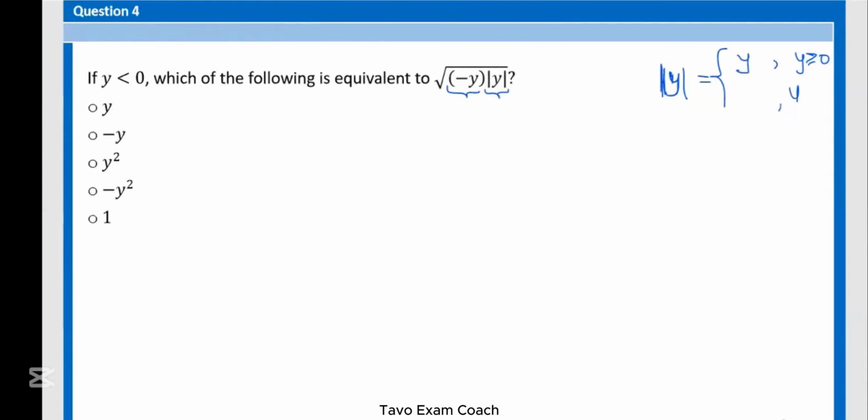But in case that the number is negative, the absolute value should be its additive inverse, that is, the number with the sign changed. So if they are telling us that y is a negative number, we can see that the definition that applies here is this one. In other words, the absolute value of y is negative y.